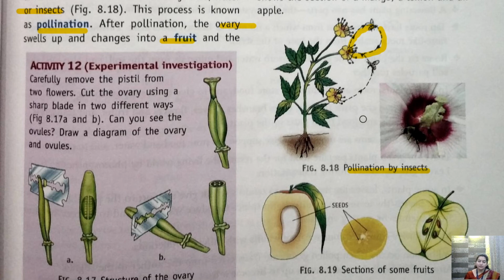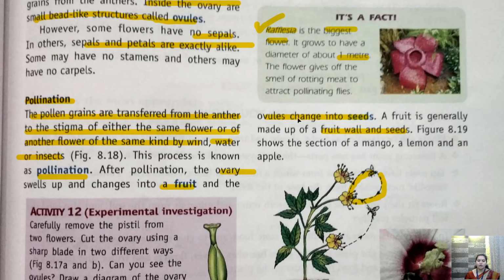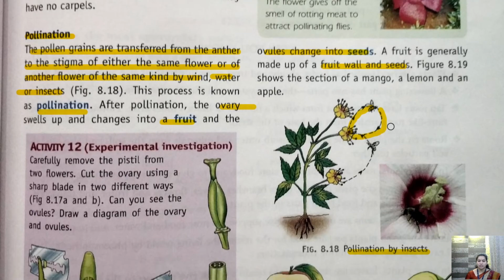Okay, so after the pollination occurs, then what happen? Pollination जब हो जाता है तो जो ovary होता है वो fruit में convert हो जाएगा, और जो ovule होता है वो seeds में convert हो जाएगा.